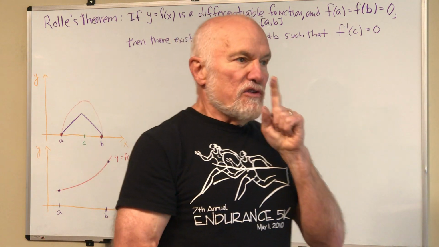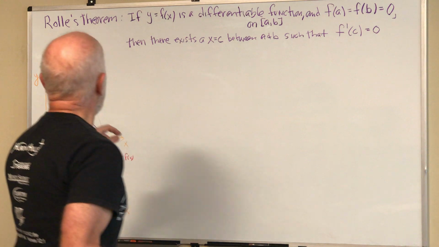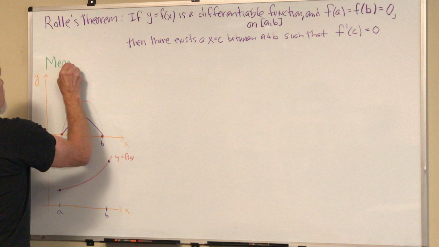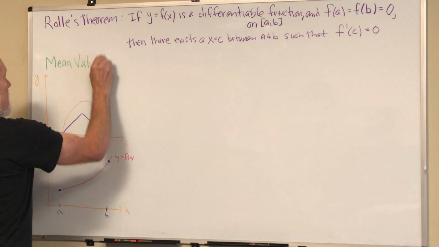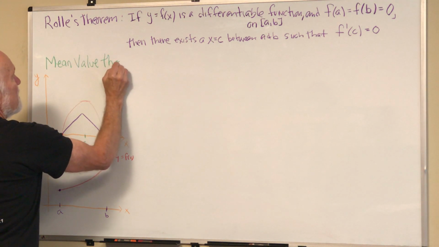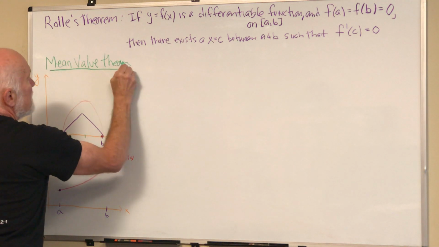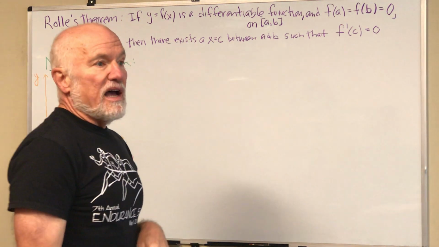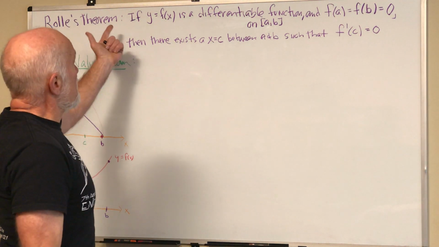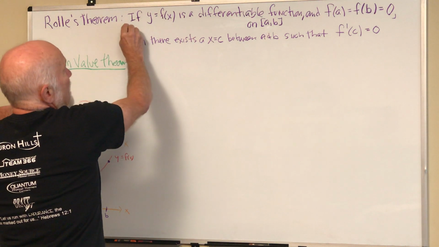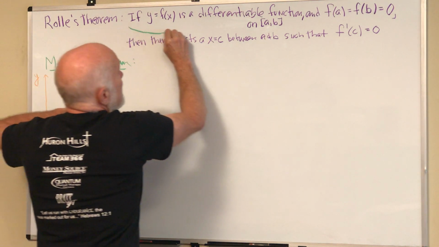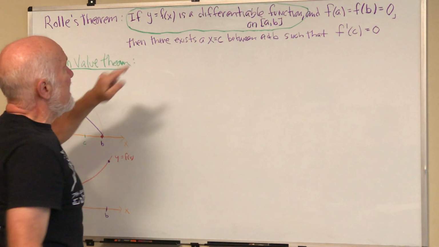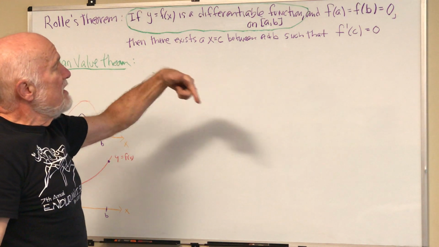So, soon after he came out with that theorem, a new theorem called the Mean Value Theorem was stated, and it's very similar. If you don't mind, I won't even rewrite this. I'll save you the time. It starts out exactly the same way. We're talking about a function y equals f of x that's a differentiable function from a to b.